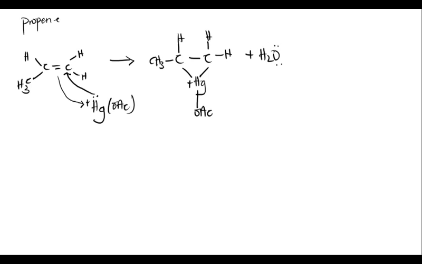Because this reaction in terms of regiochemistry goes by Markovnikov addition, the water will attack the most substituted carbon, which is this carbon, because it has one alkyl group attached to it, and this carbon has two hydrogens attached to it. So it means one of the lone pairs over here will be used to attack this carbon over here. Okay, so once that happens, we get a product that looks like this.